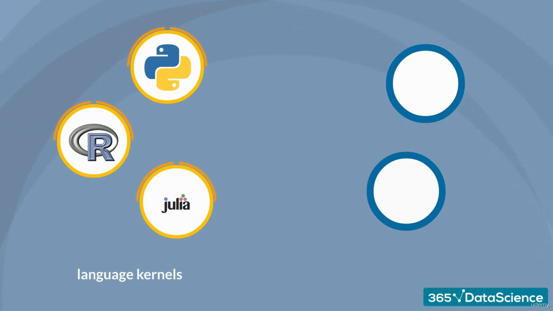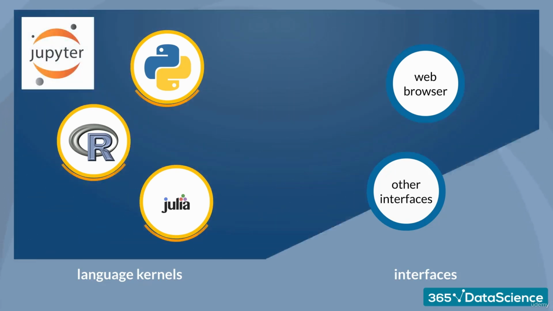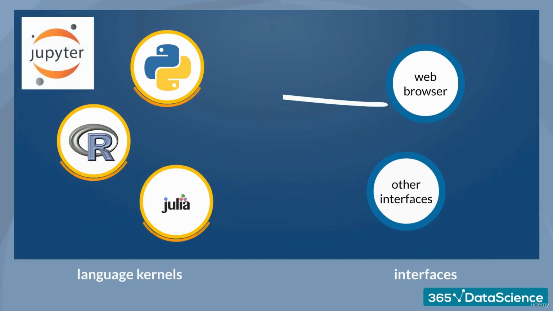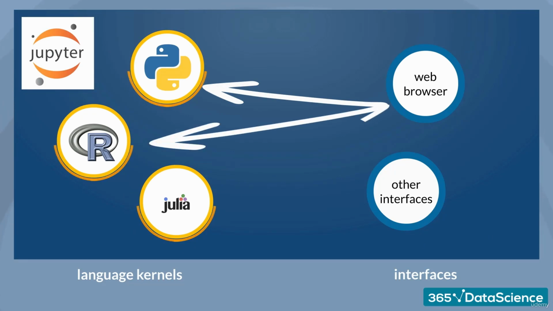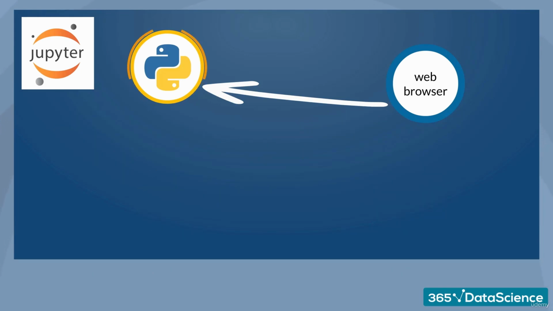On the other side, you have various types of interfaces where you can write code. They represent the clients. An example of such a client is the web browser. The Jupyter server provides the environment where a client is matched with a corresponding language's kernel. In our case, we will focus on Python and a web browser as a client, or as an interactive shell.